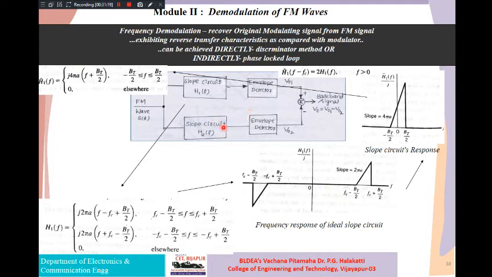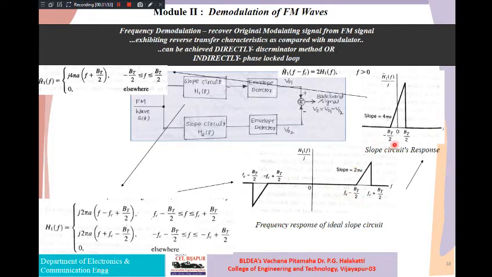If you draw this block, first you try to explain how you are going to characterize the transfer characteristics or property or behavior of this slope circuit in terms of H1(f), the frequency response of the ideal slope circuit. Then next you can tell the practical slope circuit's response and its relationship with that of the ideal slope circuit response.